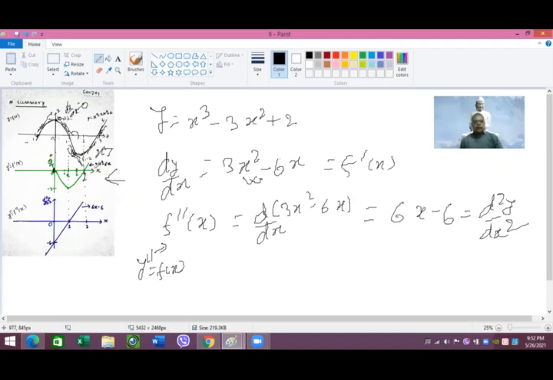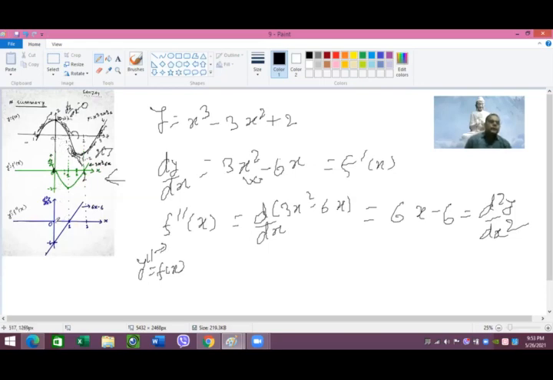Okay, then let's see what happens for the second order derivative, that is d2y by dx square. So in that case, what is happening here in between, if this is positive and goes through 0 and to negative, negative starts after 0.